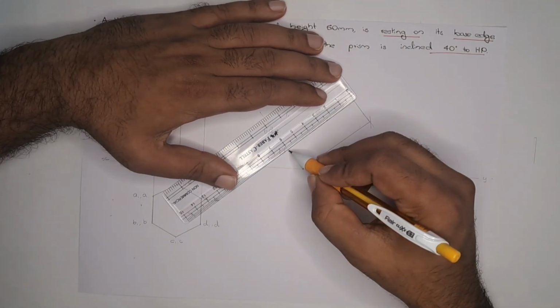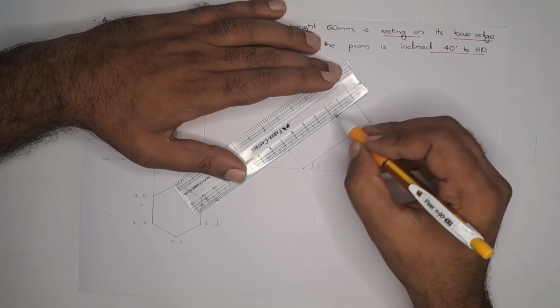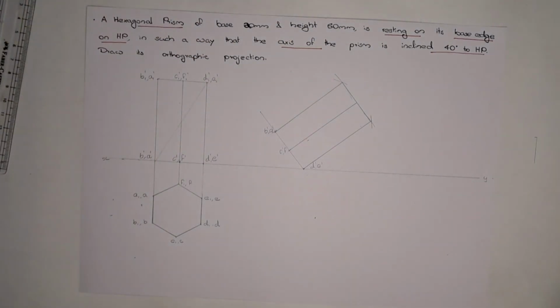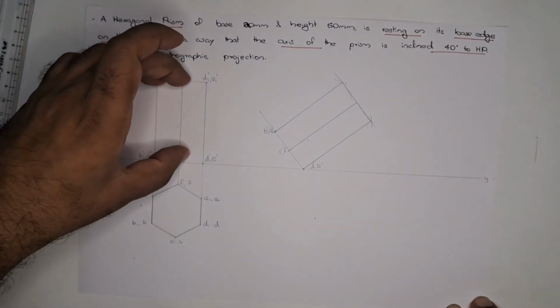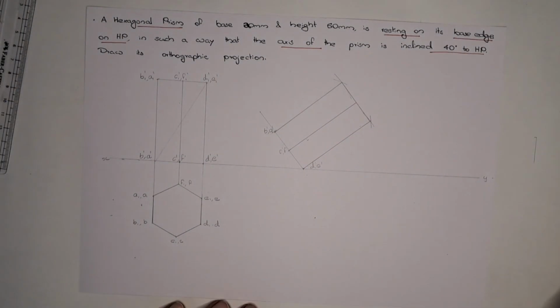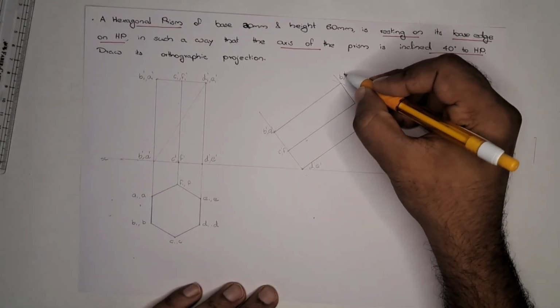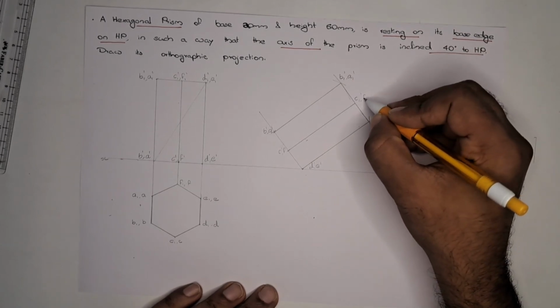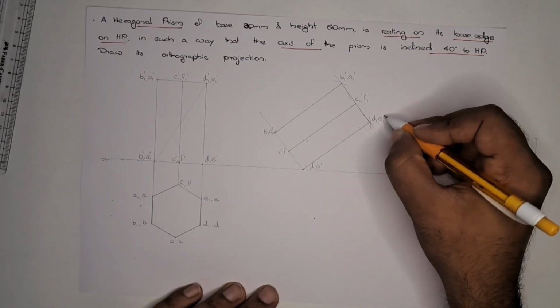I mark the distance here also. So we mark this distance over here. We just tilt it over here and we can mark the distance and name it. So here this is B1 dash comma A1 dash, here C1 dash comma F1 dash, here D1 dash comma E1 dash.